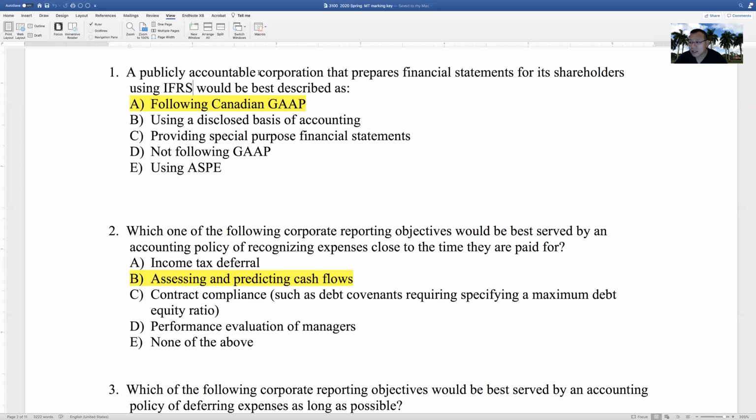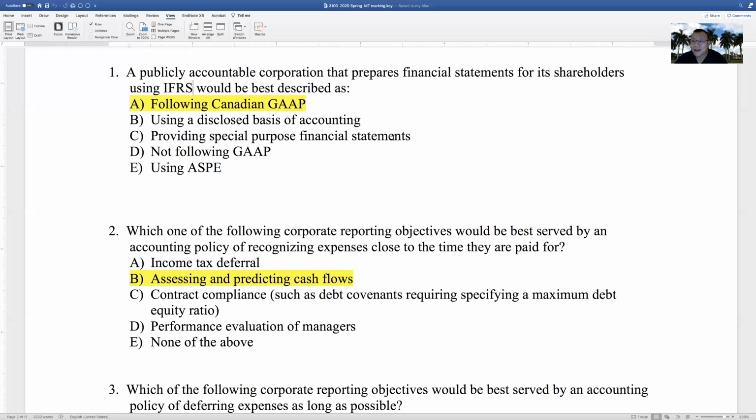In Canada, publicly accountable corporations are required to prepare financial statements according to IFRS, and this is following Canadian GAAP, okay? Providing special purpose financial statements: the common financial statements are the four types of statements.